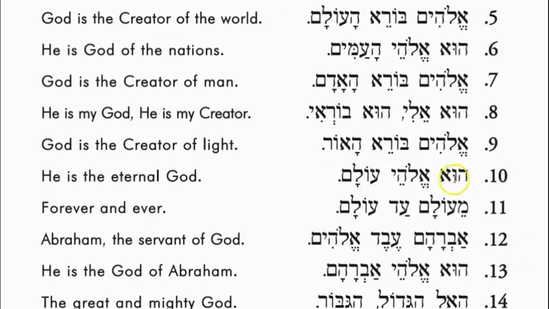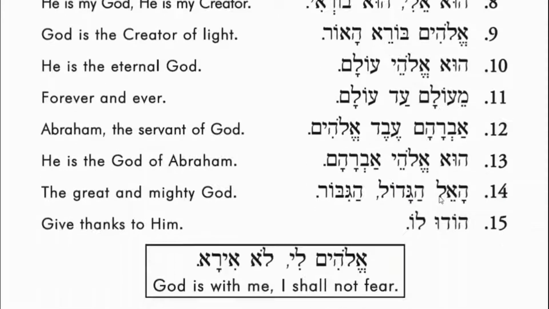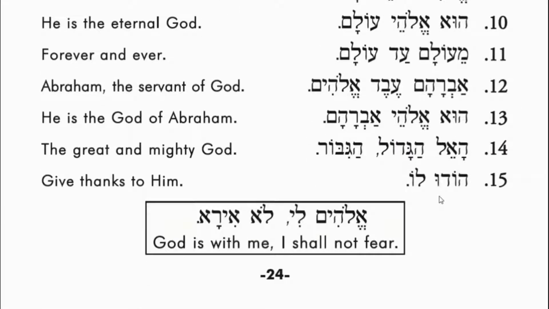10, Hu Elohei Olam. He is the eternal God. So Olam, when it doesn't say Ha-Olam, when it's just Olam as an adjective, will frequently have the connotation of eternity or being of very ancient age. 11, Me'olam ad Olam. Me'olam, forever, ad, until Olam, ever.